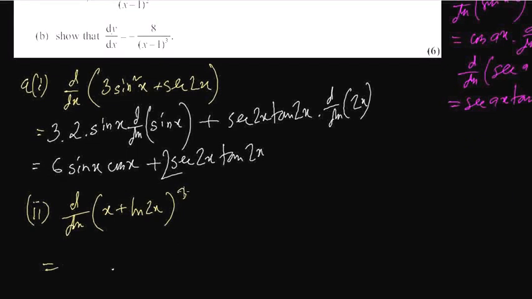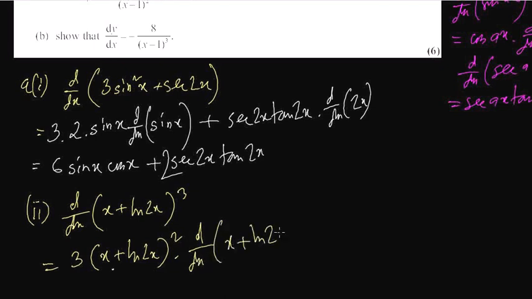So same thing, we need the power first because it is like (ax plus b) to the power n. We write the power, this is 3. Then you write the whole thing with one power less, so 3 becomes 2. Then you write the derivative of what's inside that power, which is x plus ln 2x.